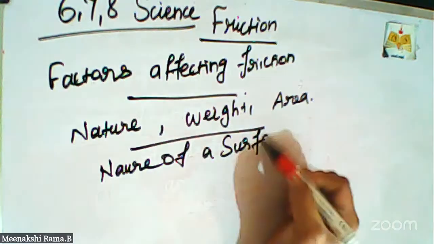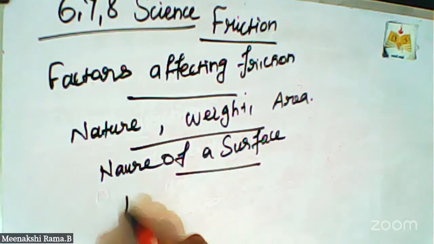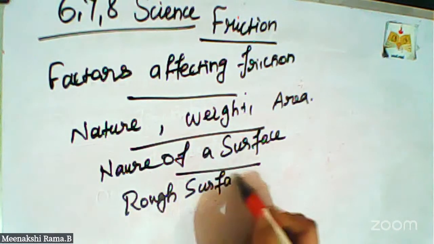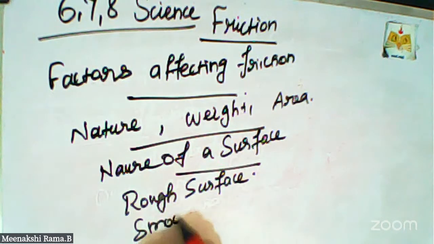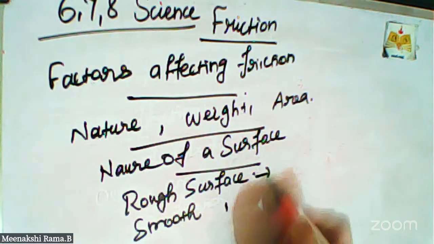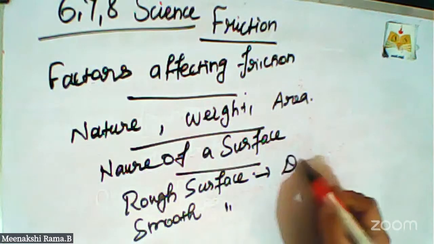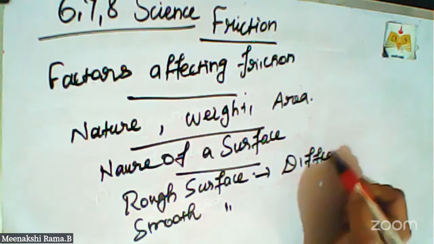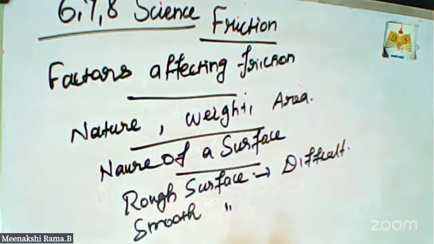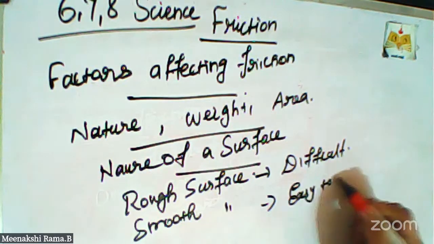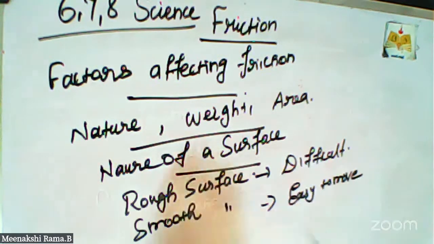Nature of a surface: one is a rough surface, another is a smooth surface. A rough surface is difficult to move on. We need some energy to move across a rough surface. A smooth surface is easy to move on. So the friction effect differs with the nature of the surface.